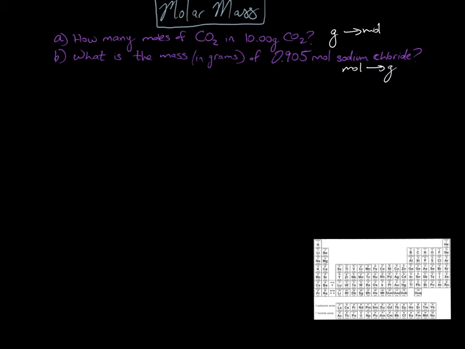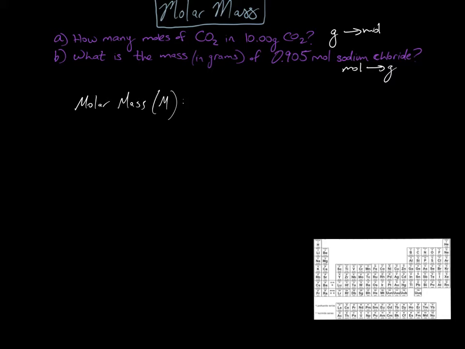So when you're dealing with this interconversion between grams to moles or moles to grams, we utilize something called the molar mass. It's indicated by this M-type symbol. The molar mass of a given substance is the number of grams needed to make 1 mole of that substance.